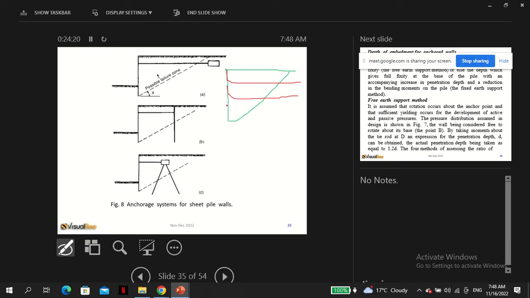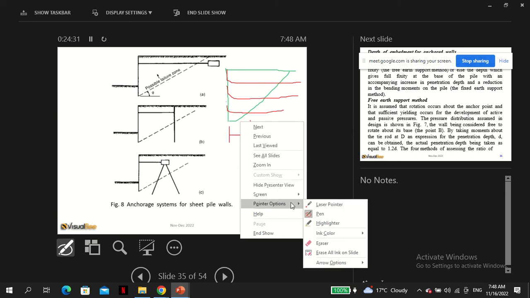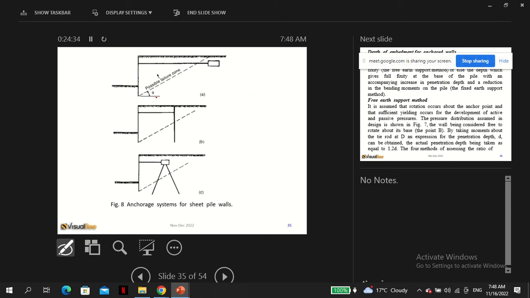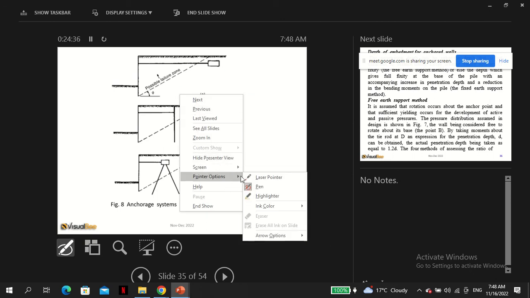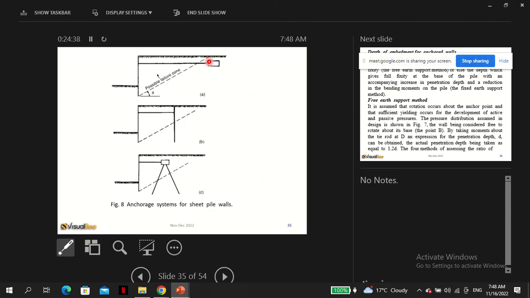So this one was used a lot. The length of this is what we call embedment length, and it must be outside the potential slip or failure zone. This is the same idea with the anchor as well. So this is the anchorage.